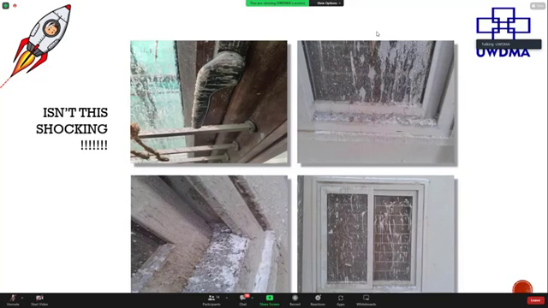Okay, when everything else has been completed, the painting, everything is done, then please try to install your windows. Otherwise this will happen to your windows, and then your client is going to call you to please make everything fine. Then that will again increase so much load and so much work on you.